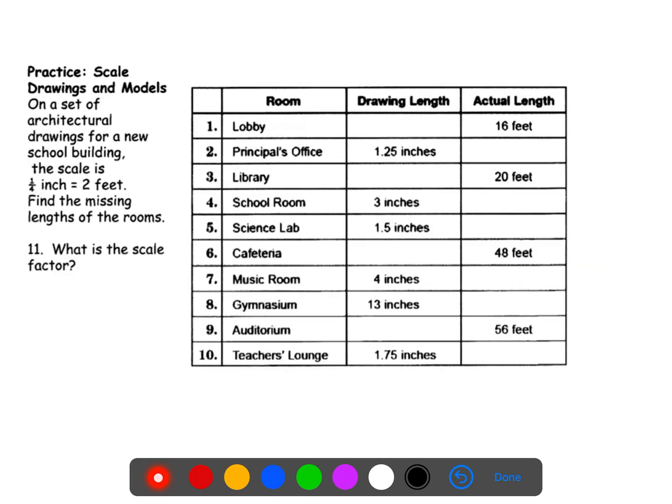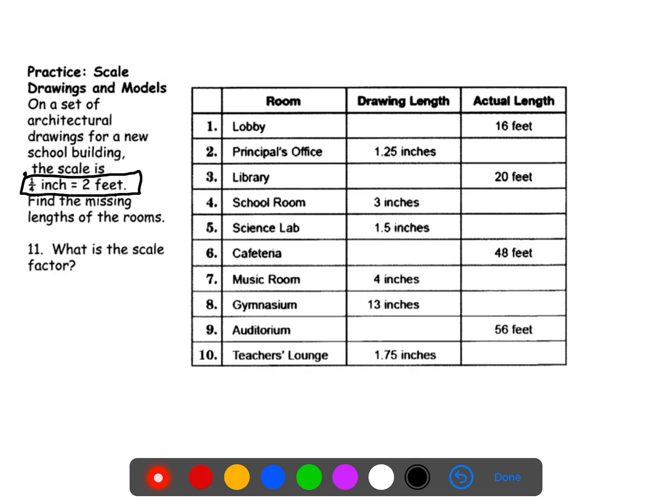Okay, lastly, let's take a quick look at the table. It tells us that on one set of architectural drawings for a new school building, the scale is 1/4 inch equals 2 feet. Find the missing lengths of the room. And it wants us to first find the scale factor. Remember, the scale factor is going to be comparing to 1.